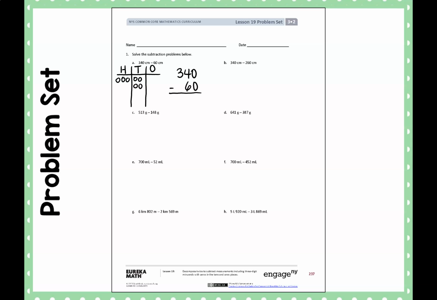Alright, so in my ones place, I have 0, take away 0. Well, pretty easy. 0 take away 0 would just be 0. There's no ones. 4 take away 6. Can I do that without knocking on the hundreds door? Nope, so I'm going to cross off 100 here, and I'm going to add 10 tens.